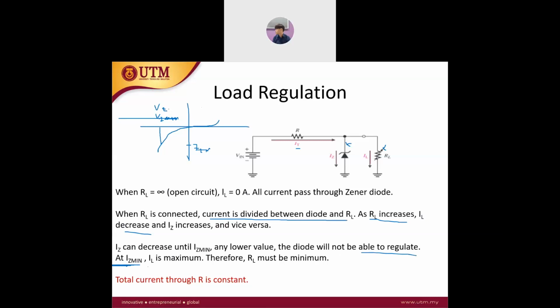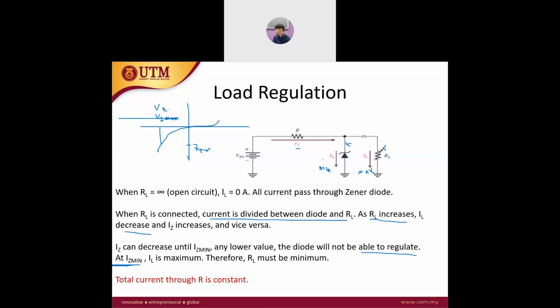Where we have IZ minimum, logically the current passing through the load resistor will be maximum. So it alternates, and this is quite straightforward. Therefore RL must be minimum to have an IZ which is minimum, and you are going to have IL which is maximum.